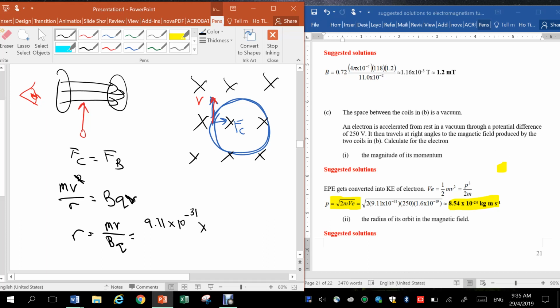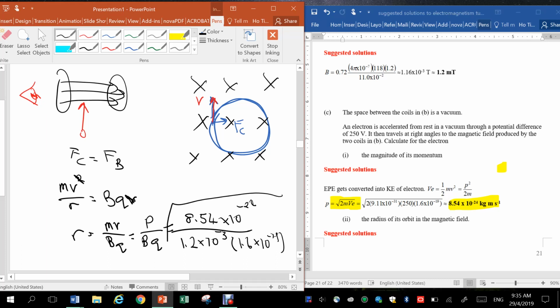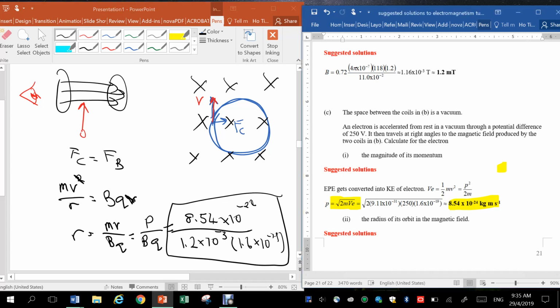Oh wait, you don't have to sub in that, because mv is actually just the momentum. So let me rewrite this as the momentum over Bq. This whole thing is 8.54 times 10 to the power minus 24 as you found in the previous part. The B field strength is 1.2 times 10 to the power minus 3 as you found earlier. The charge is 1.6 times 10 to the power negative 19. Sub in, find the value, not difficult at all.